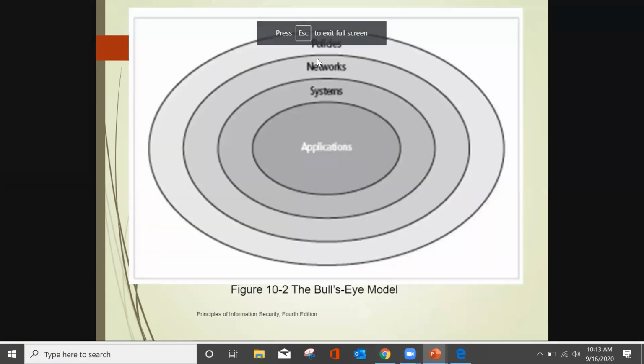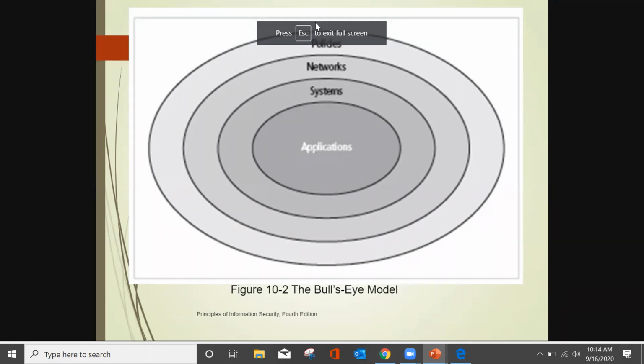Now an organization has certain rules and guidelines. We call these policies, right? Within these policies, you need to look at the framework of the network and whether these policies are within that framework. Then within the network, you look at the systems and whether they are safeguarded. And within each system, you look at the applications if there are any threats.